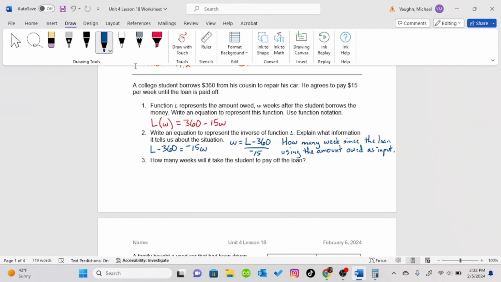Number 3, how many weeks will it take the student to pay off the loan? So if I want to know how many weeks, I'm going to use the inverse function. And if the loan is paid off, then the loan amount owed would be 0. So we're going to substitute 0 in for L. 0 minus 360 is negative 360.